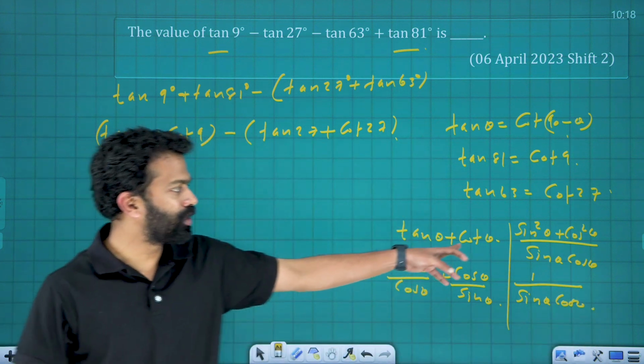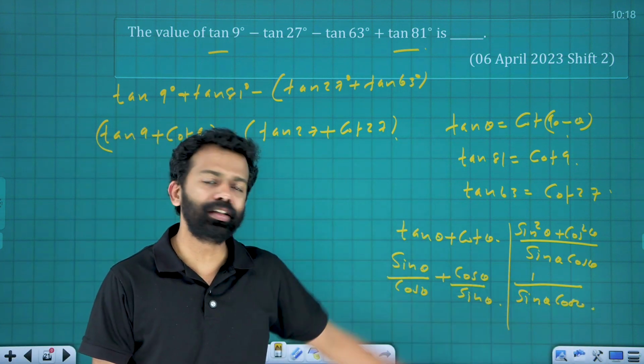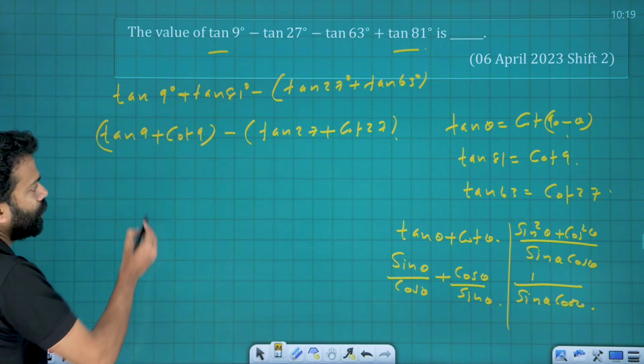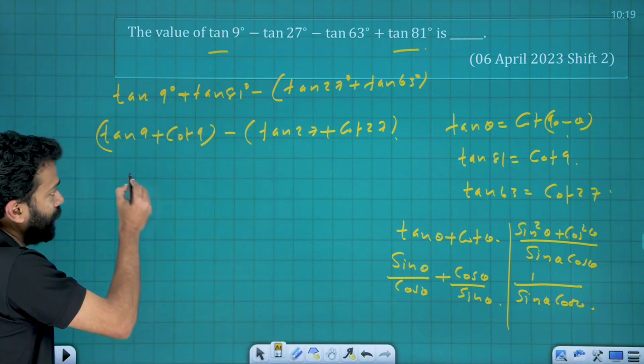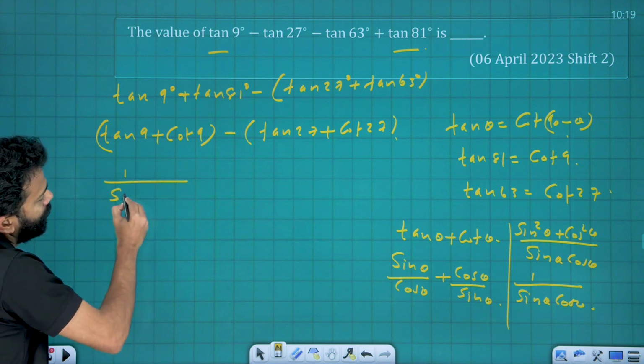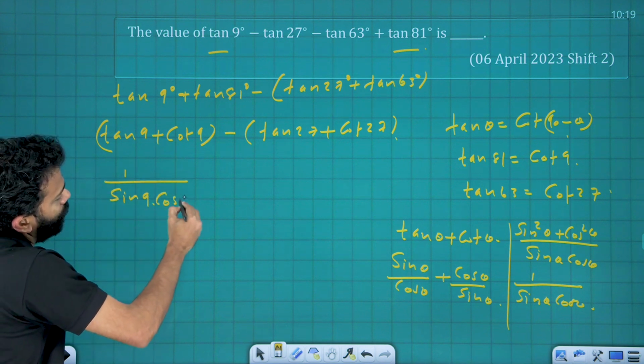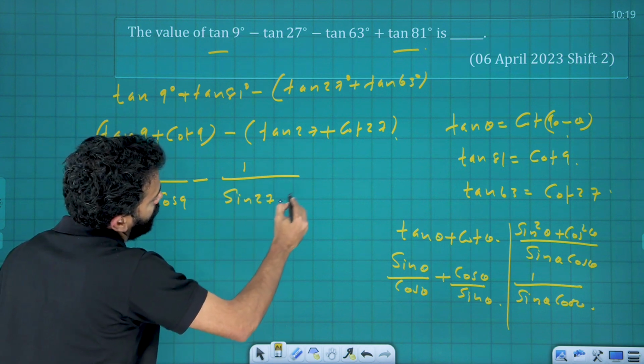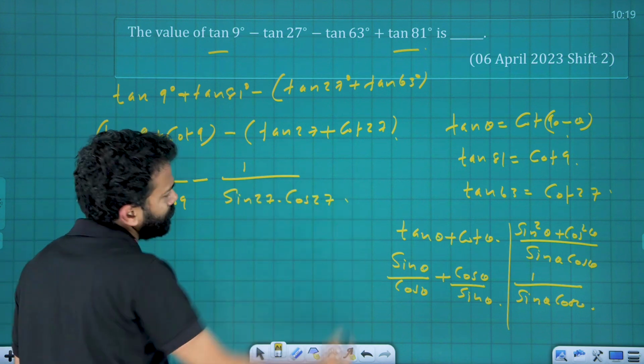So, tan theta plus cot theta is 1 by sin theta cos theta. Now, it is getting easier. So, what is tan 9 plus cot 9? That is 1 by sin 9 into cos 9 minus, this becomes 1 by sin 27 into cos 27.